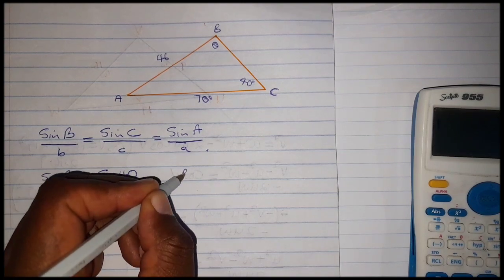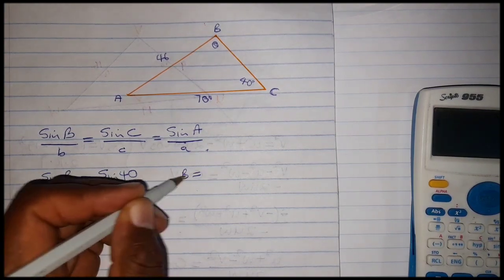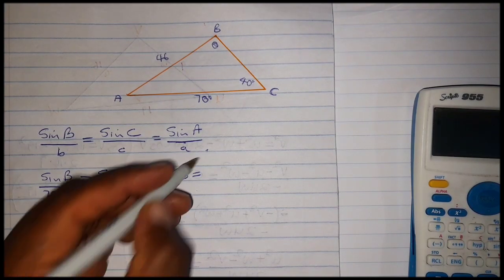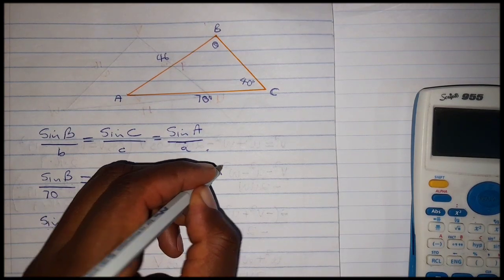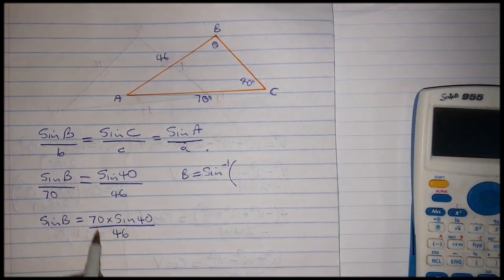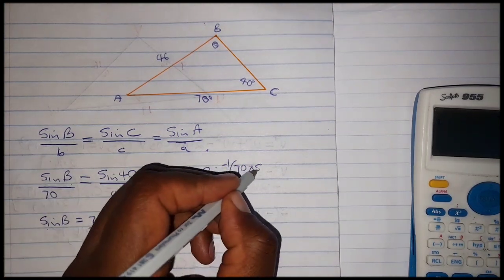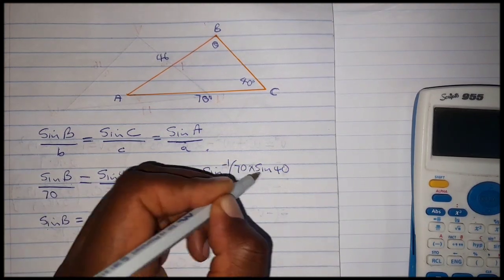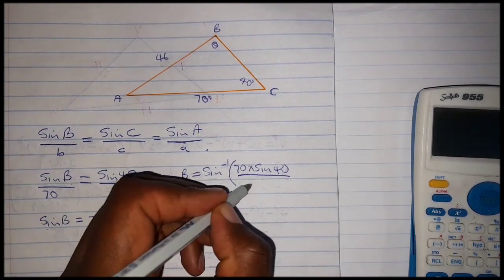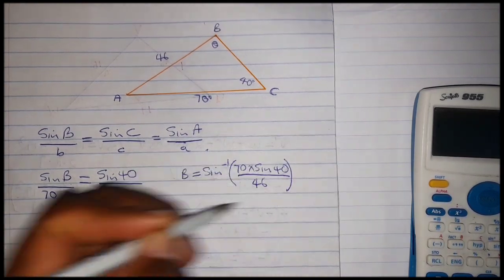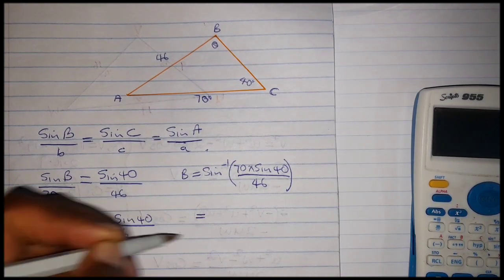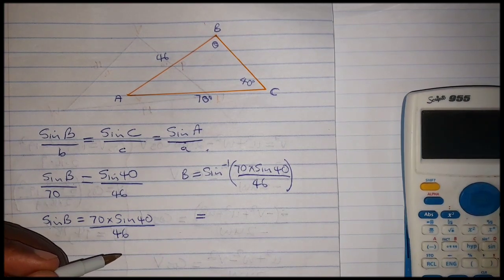And then to get my B as an angle, B will be equal to the inverse sine, the second function of sine, of this whole thing: 70 times sine 40 all over 46. This is equal to what on your calculator?